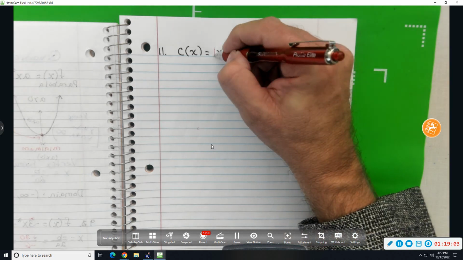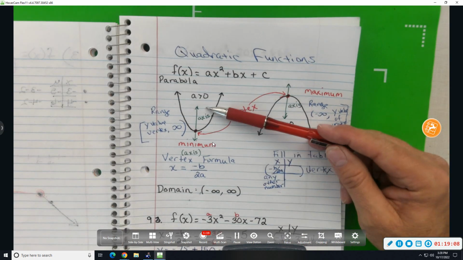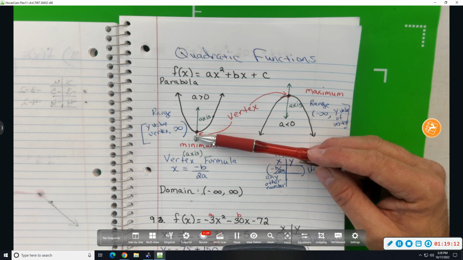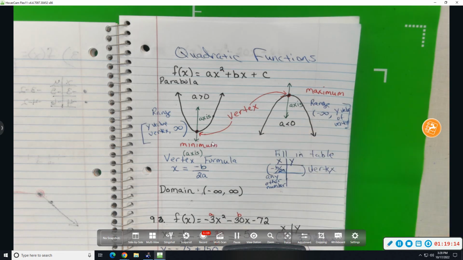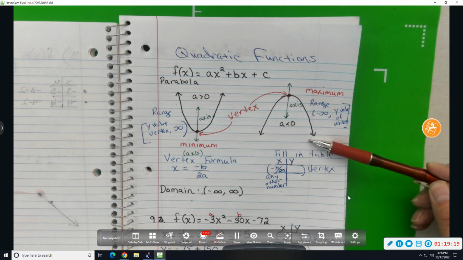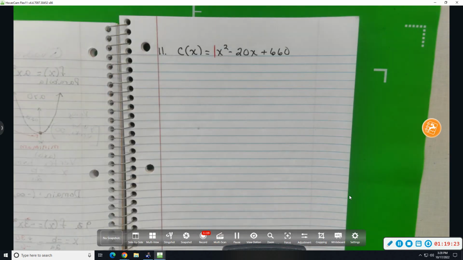It's a positive 1. So, is this thing opening up? So it does have a minimum. I'm just making sure that this problem isn't some trick question where there is no minimum. If it had been opening downward, it better ask about a maximum, or else it's some sort of trick question.